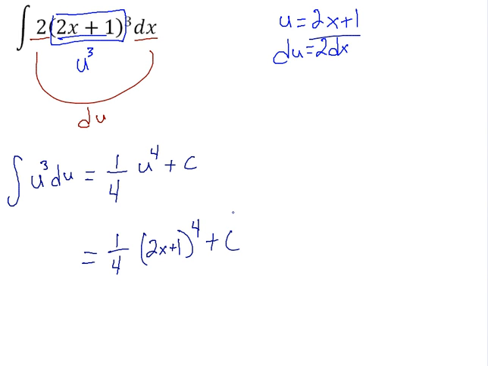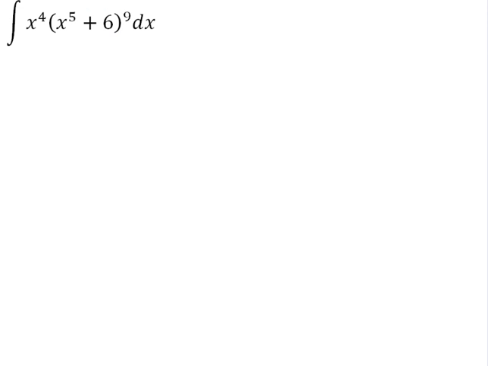If we take the derivative of this, using the chain rule, the 4 will come down as a coefficient, cancel out the 1/4, and that will be raised to the 3rd power, and then we take the derivative of the inside, which gives us a 2. So we end up with 2 times the quantity 2x plus 1 raised to the 3rd power. So this is our general form of the antiderivative, the indefinite integral of 2 times the quantity 2x plus 1 cubed.